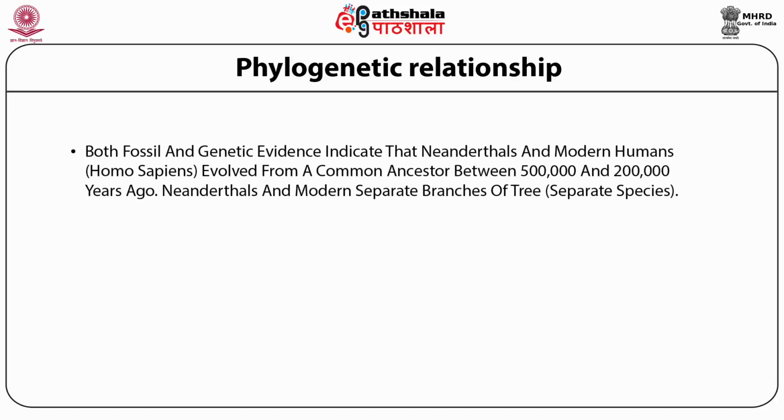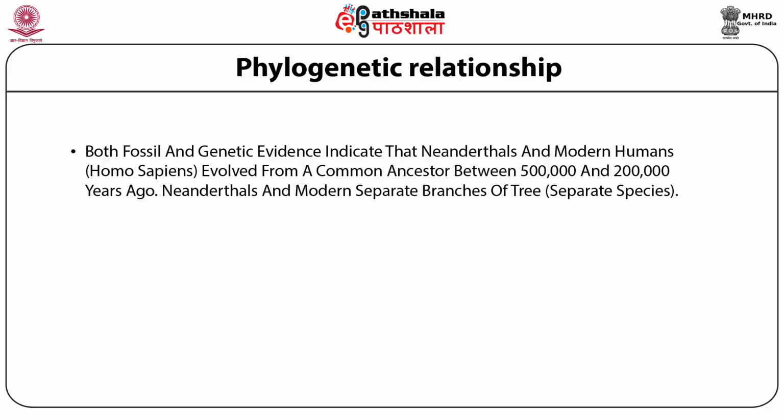Both fossil and genetic evidence indicate that Neanderthal and modern human, what is called Homo sapiens, evolved from a common ancestor between 500,000 and 200,000 years ago.